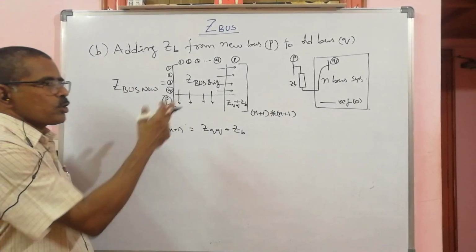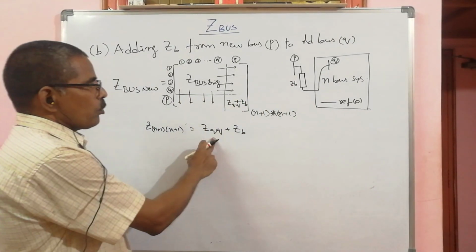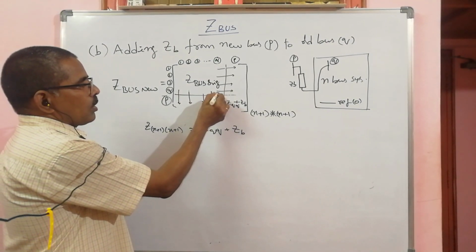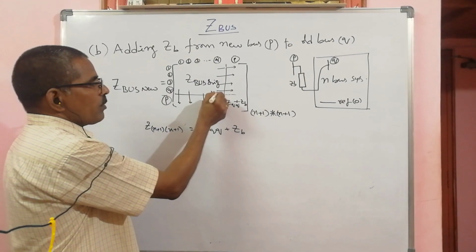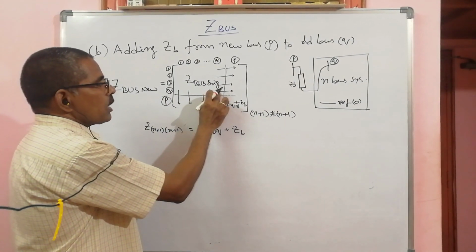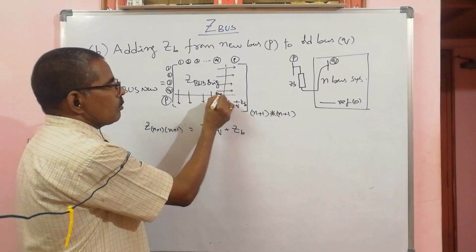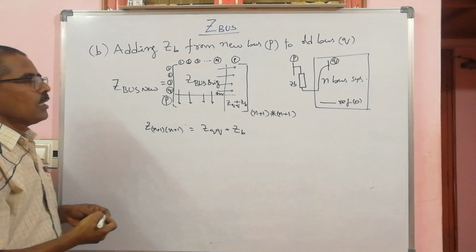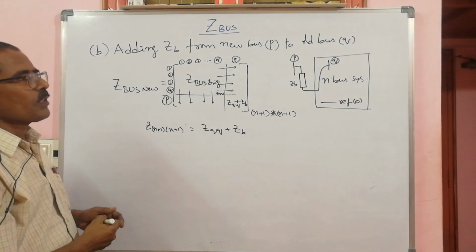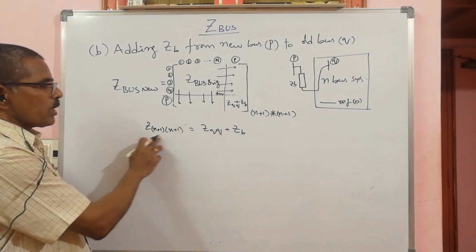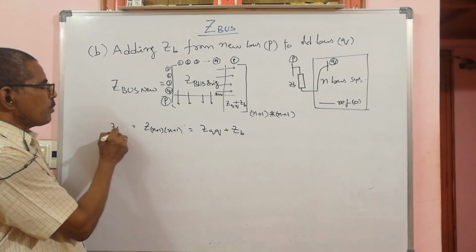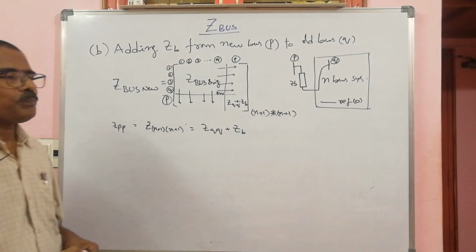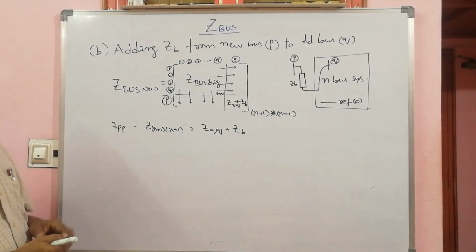Zb is the branch impedance, the new branch impedance, and Zqq is the qth row, qth column element. Somewhere here it will be, is it not? That Zqq value plus Zb is the diagonal Zpp. This Zn plus 1 n plus 1 means it is Zpp, pth row, pth column. Is the procedure clear?